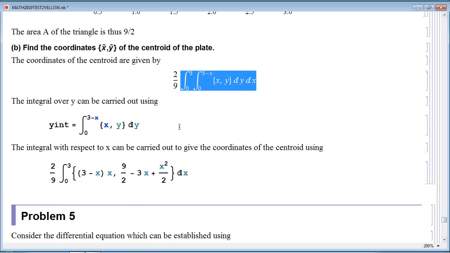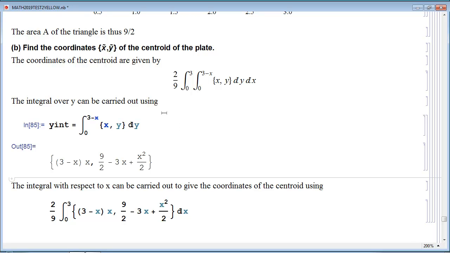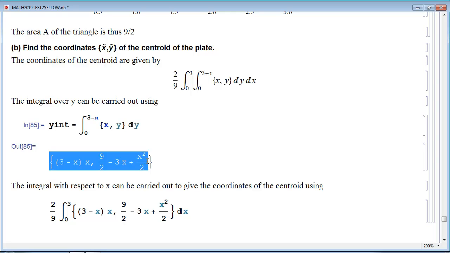Well, the integral with respect to y can be carried out pretty straightforwardly using that. So this just gives x times, there it is. And now we can carry out the integral of this function here using this.